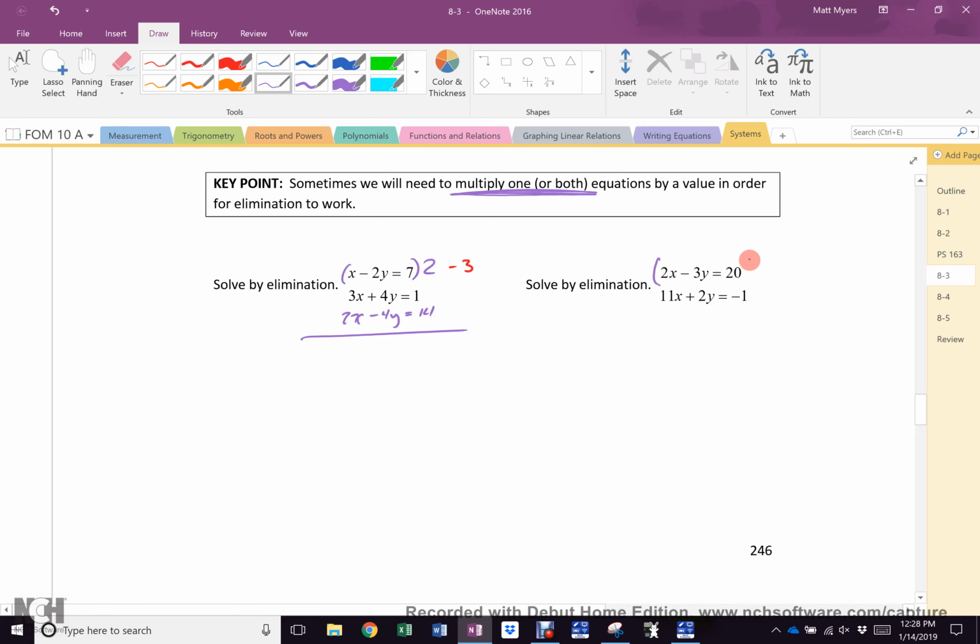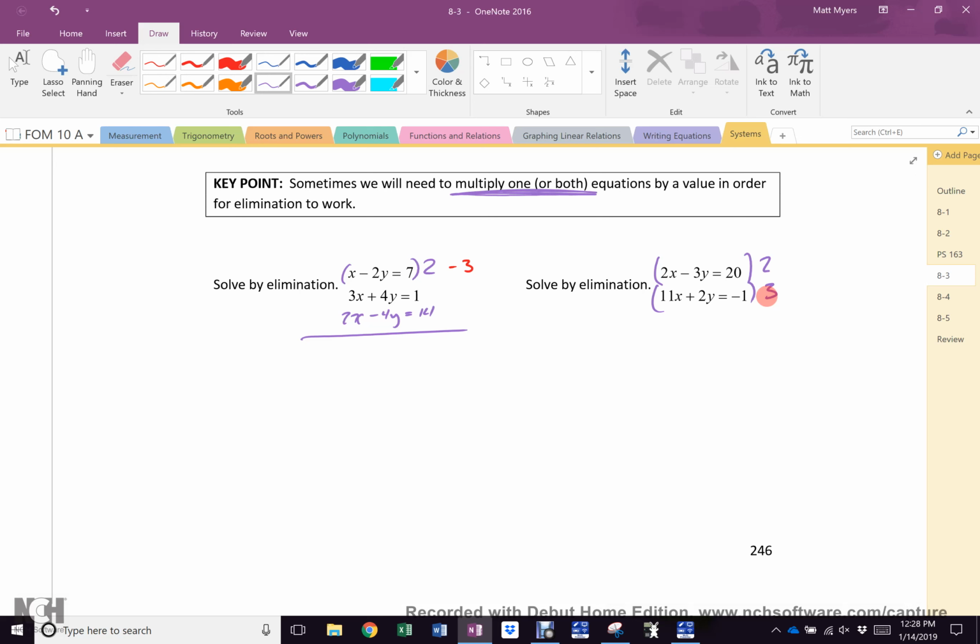If I multiplied that by 11 and I multiplied that by -2, could I eliminate the x's? Absolutely. Is there another thing I could do? What if I multiplied this by 2 and this by 3? What would I eliminate then? The y's. Does it matter?